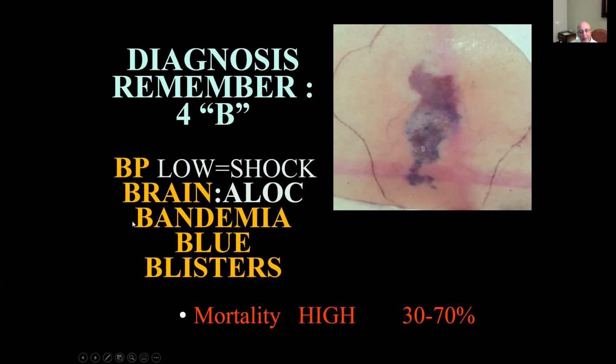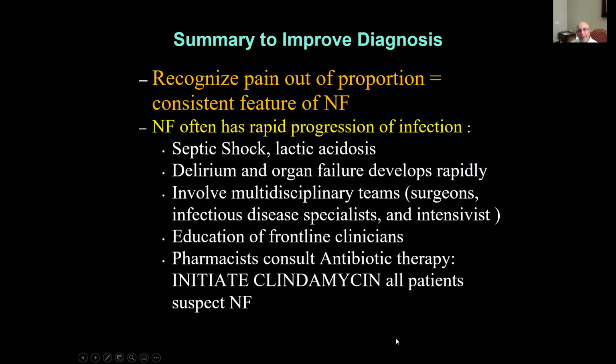The third B is bandemia on the white cell count, and the fourth B is the blue blister or violet discoloration, as we see in this image. This will aid us in evaluating these patients rapidly with a high index of suspicion and rapid surgical intervention and ICU admission, and reduce the mortality, which currently stands at about 30 to 70%.